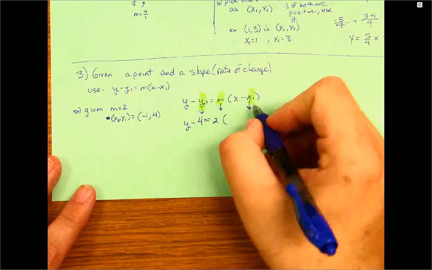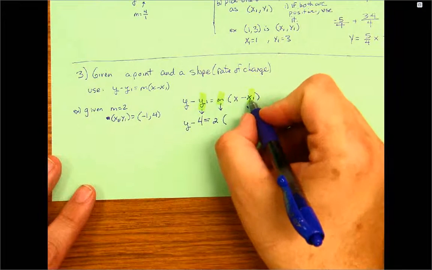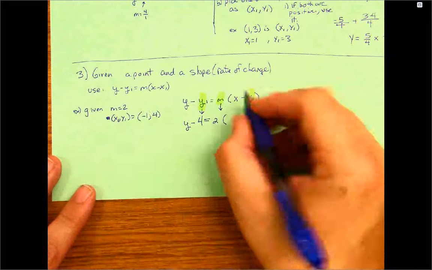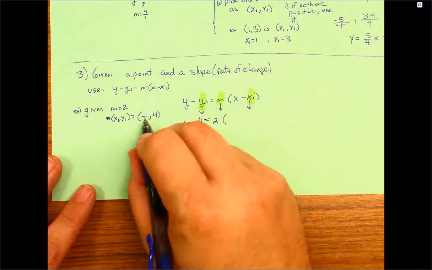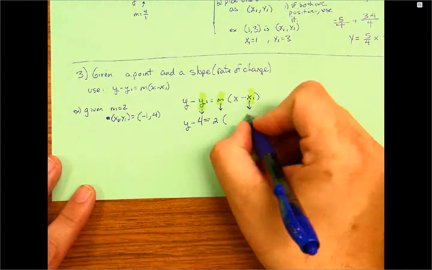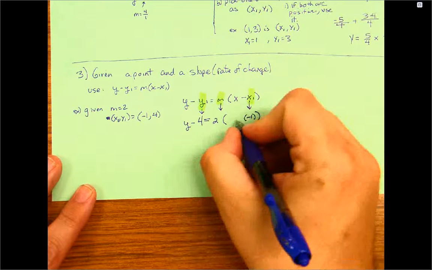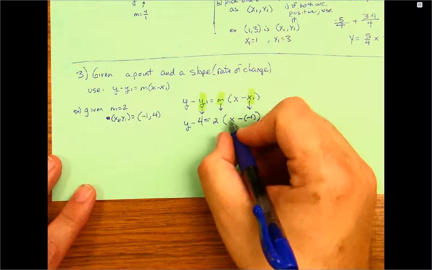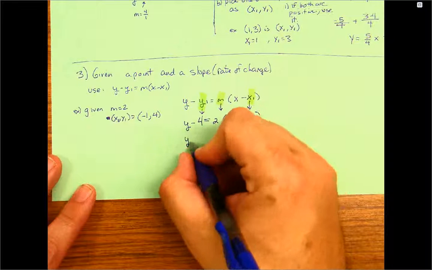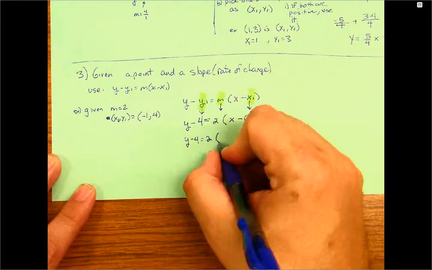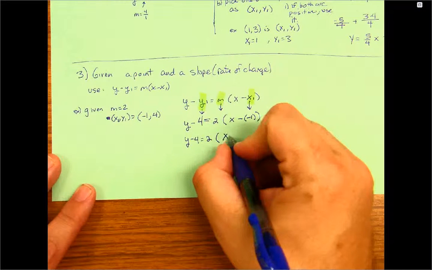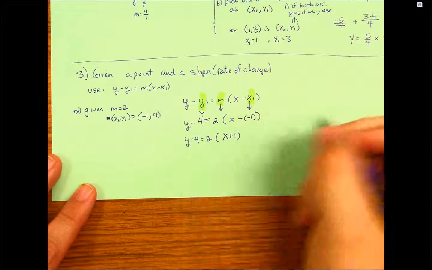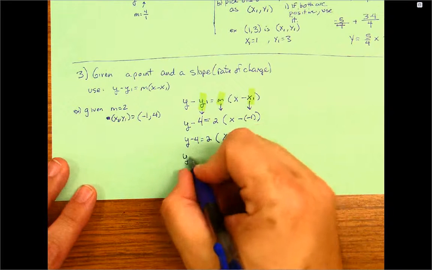And then I just drop down the x minus, so I get y minus 4 is equal to 2 times x plus 1. Now, that's a correct answer.